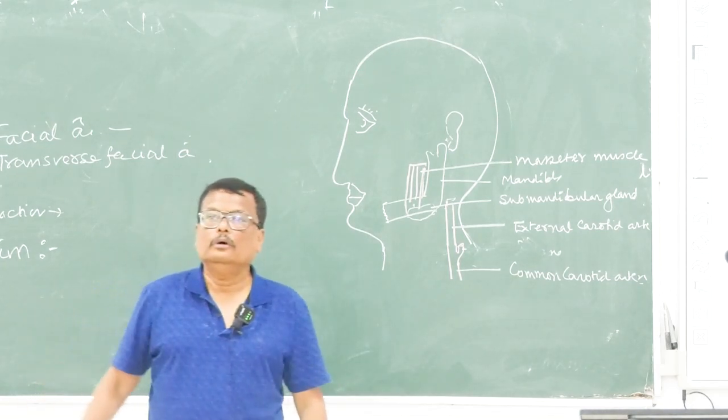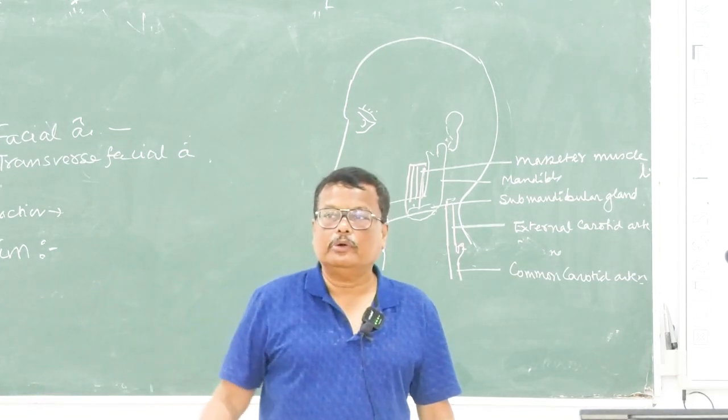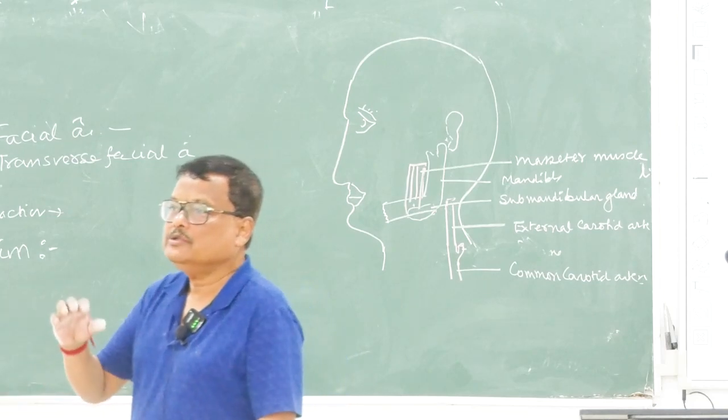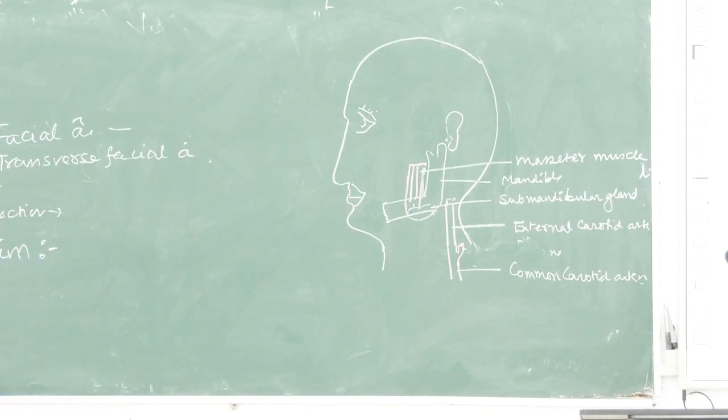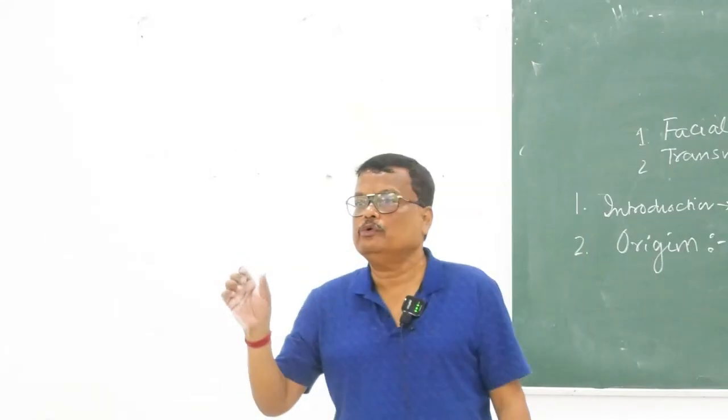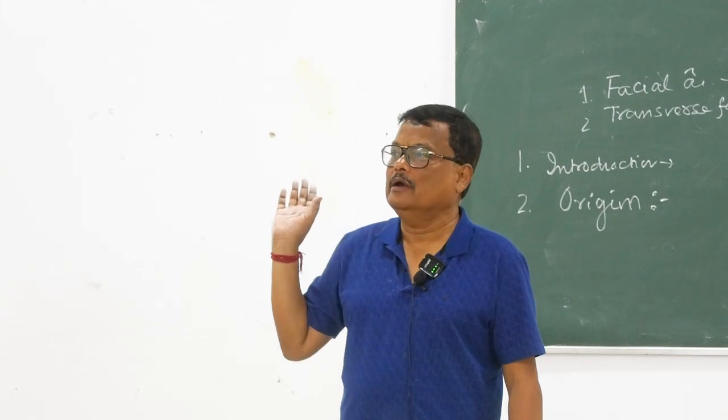Already I have told you, the arch of aorta gives a branch, the right side brachiocephalic artery, then left common carotid artery and left subclavian artery.